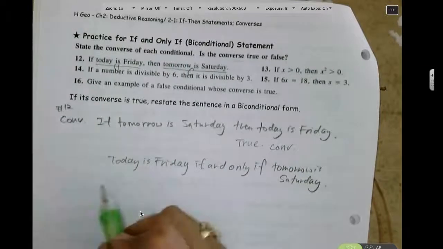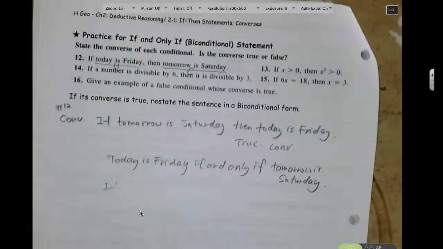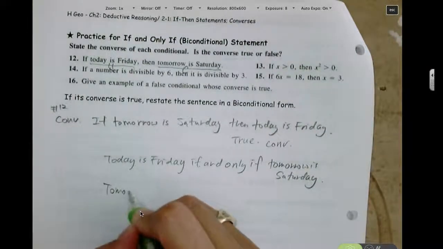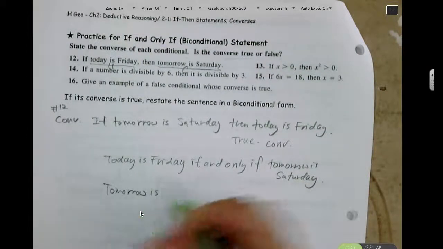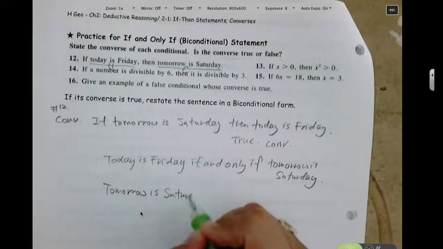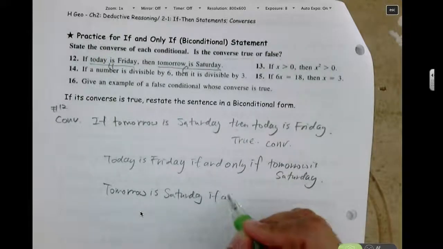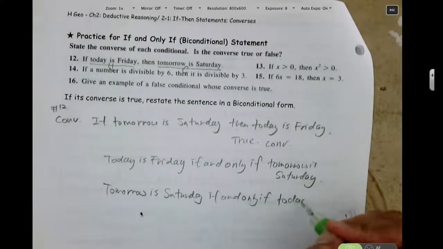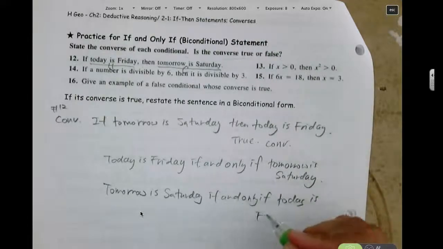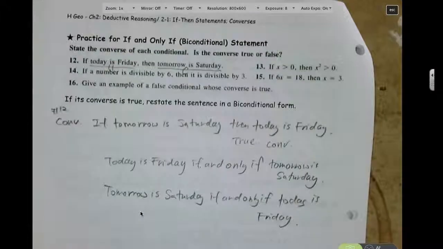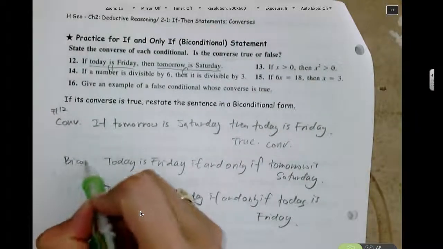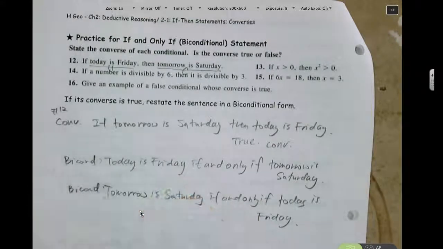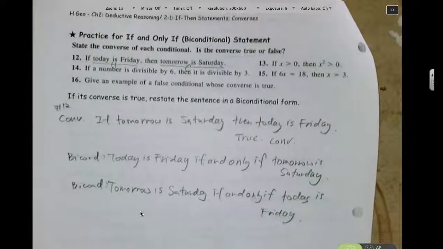Or you can write this too: tomorrow is Saturday if and only if today is Friday. Okay, so that's a biconditional. Both are correct. Either way, it would be a correct answer.